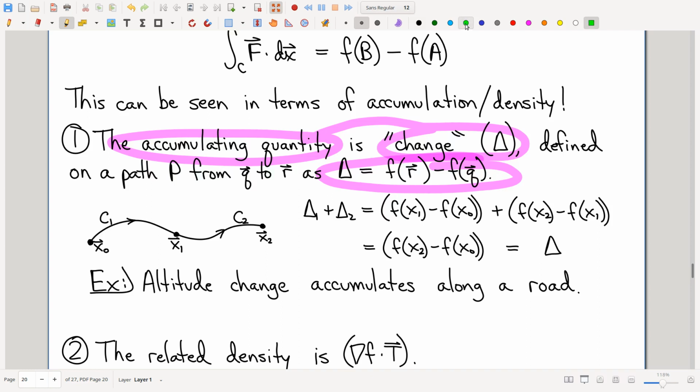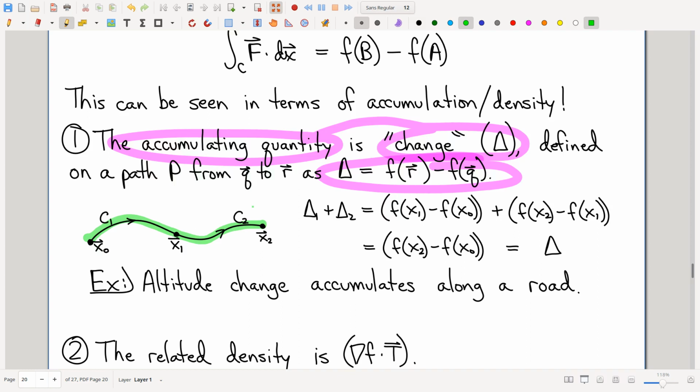Now, how is that the case? How is it that change accumulates over this curve? And this is just a hand-waving kind of, intuitive point of view I'm going to give you. Imagine this is a mountain road. Imagine I'm interested in my altitude as I drive along this road. Well, there's a certain altitude here. There's a certain altitude there. There's another altitude there.